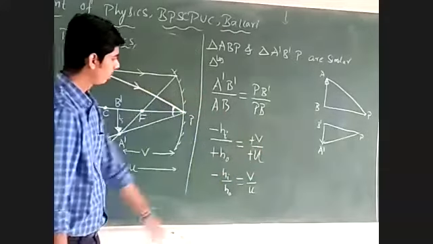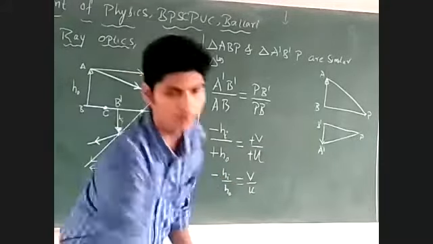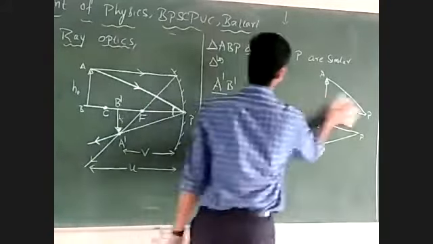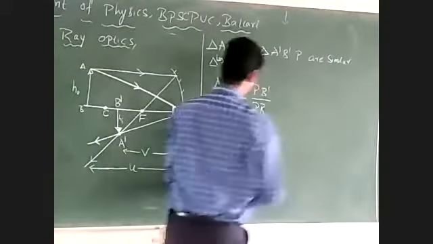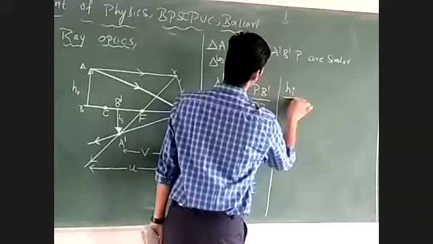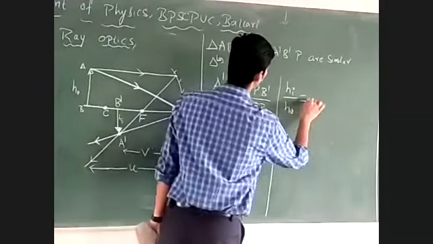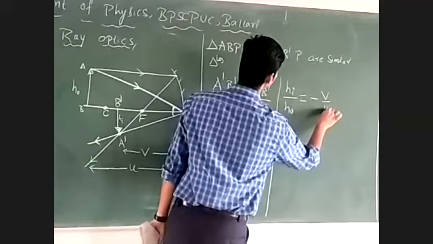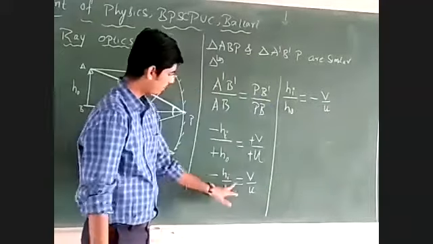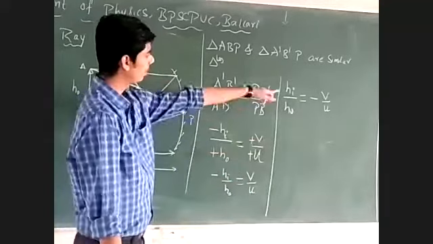Right? So that is equal to V by U. I can write this as HI by HO is equal to minus V by U.